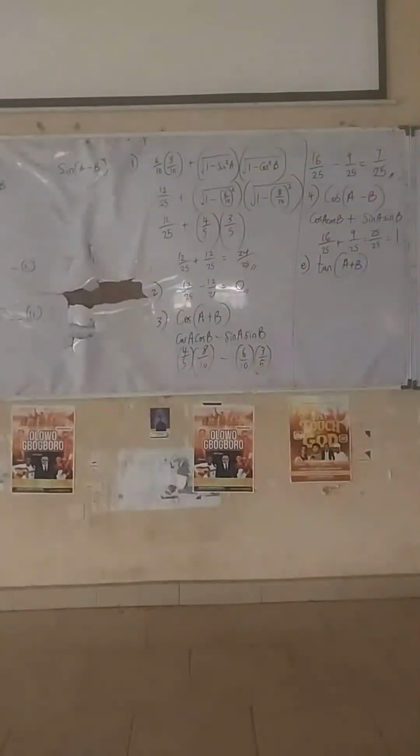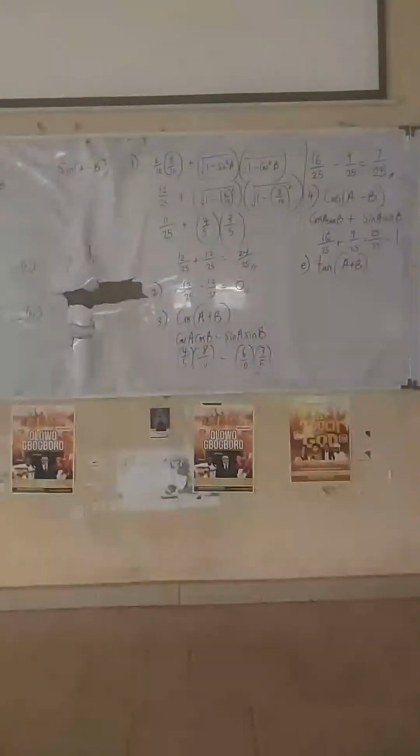1 minus cos 2 theta over what? Over 2. Do you know this one? It's also part of it. Then we also have cos square theta. That's 1 plus, instead of minus, plus cos 2 theta over 2.